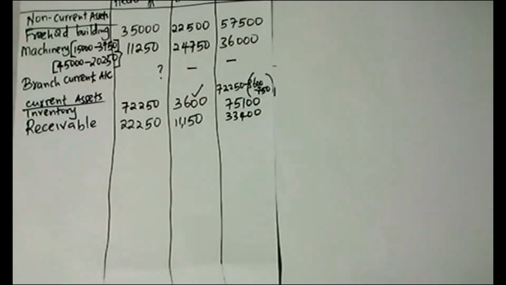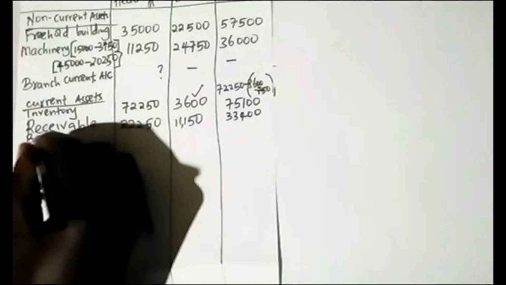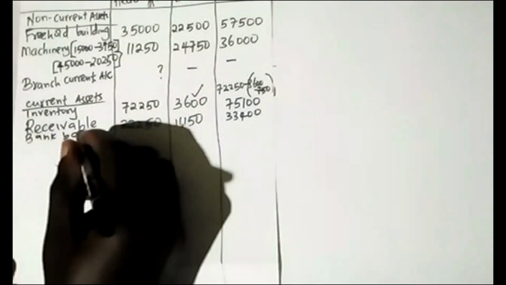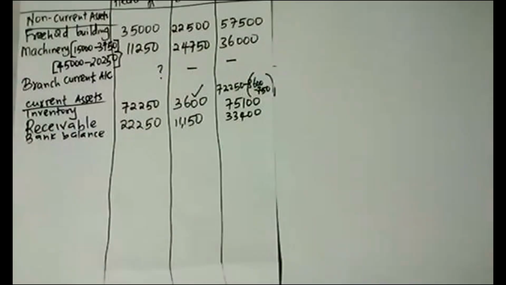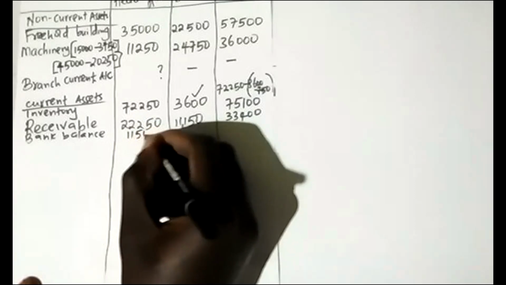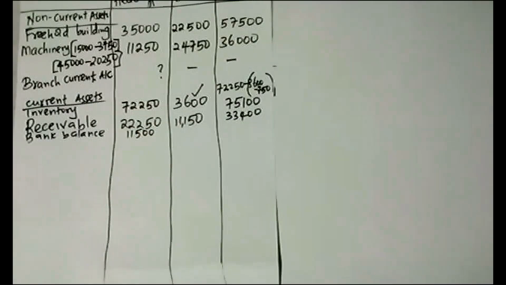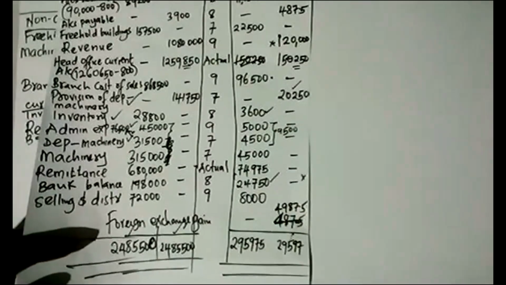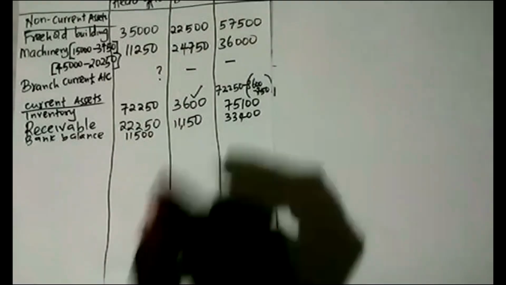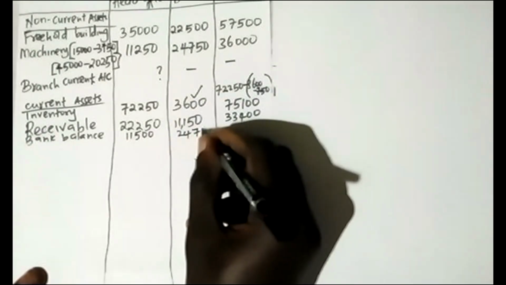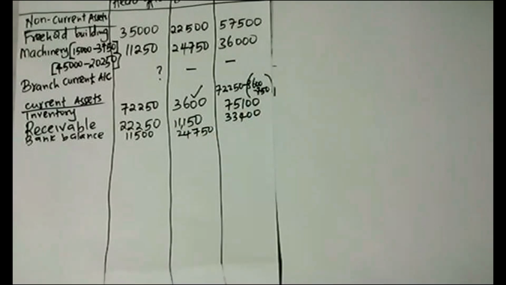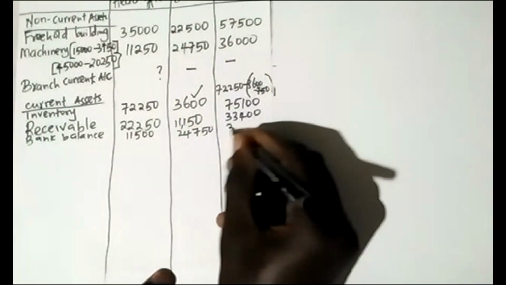After the receivable, we have bank balance. This one is direct, no adjustments other than the one we translated: 11,500. Then the one we translated, we got 24,750. If we add the two, I'm getting 36,250.